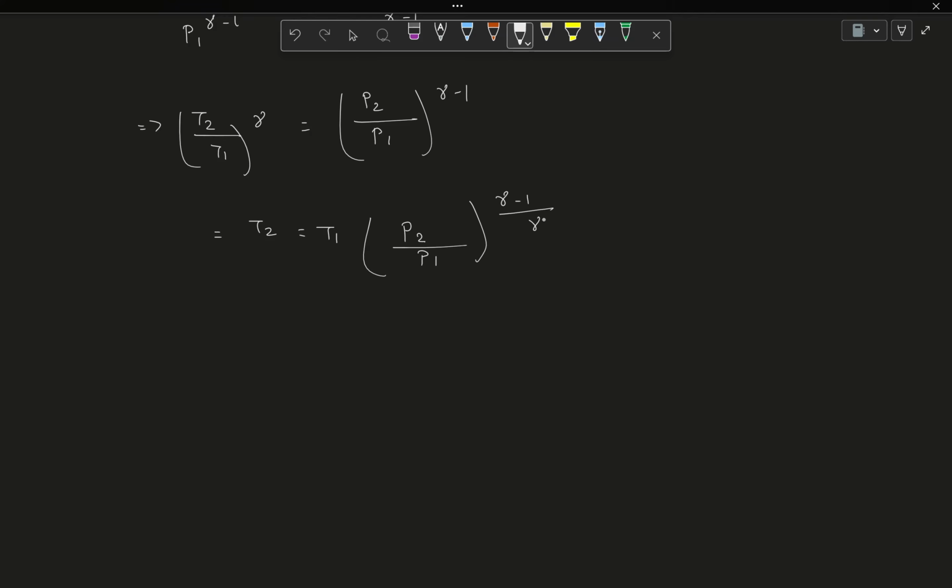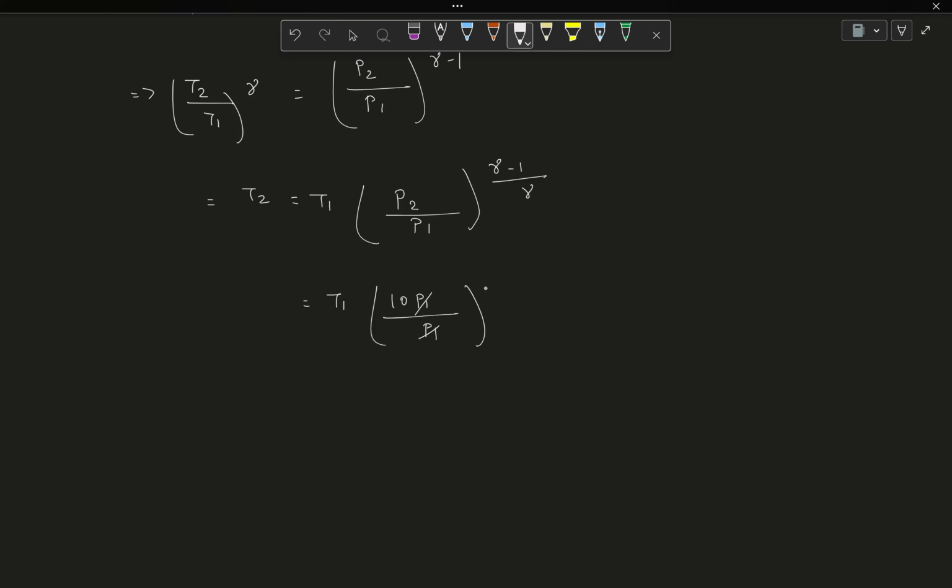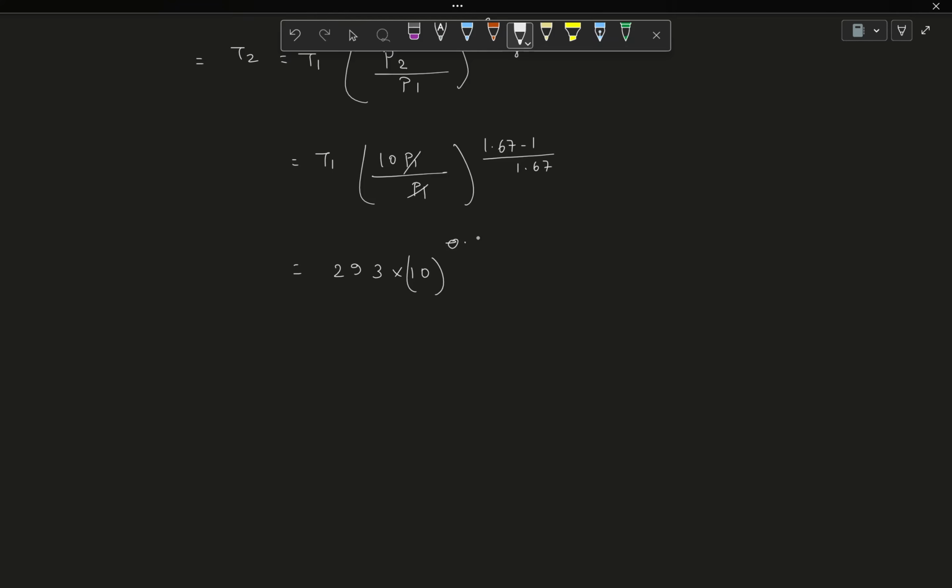So this is just T1. P2 is 10 times P1, so this is 10 P1 by P1. Gamma minus 1 by gamma is simply 1.67 minus 1 by 1.67, the gamma value, and the T1 value they have also mentioned is 293 Kelvin. This is 10 to the power 0.67 divided by 1.67.